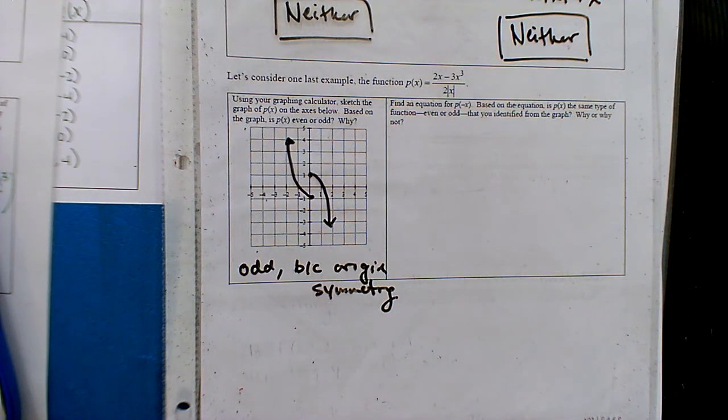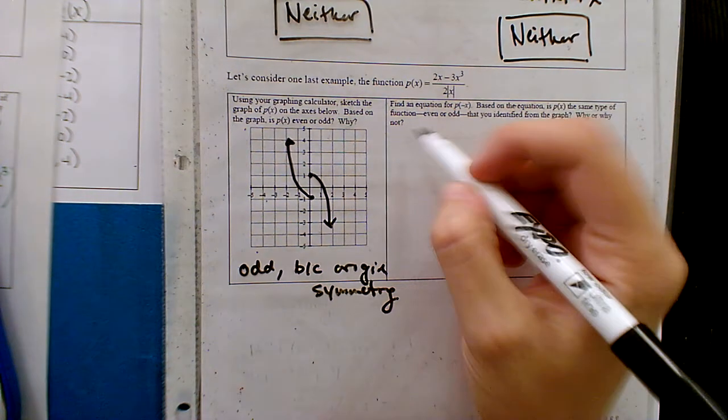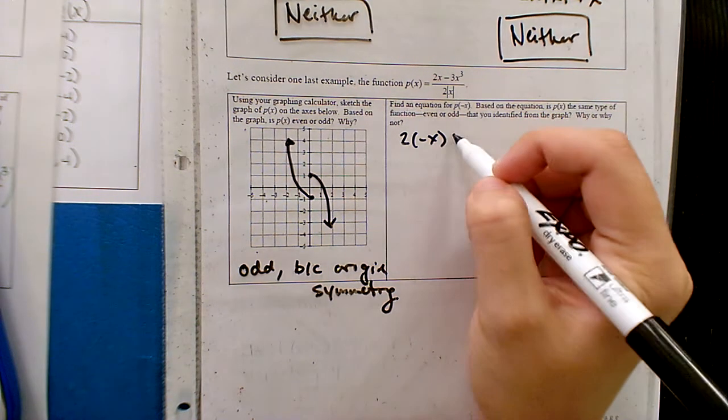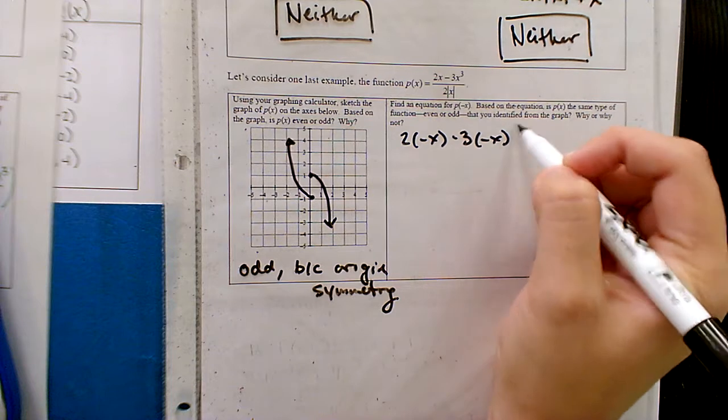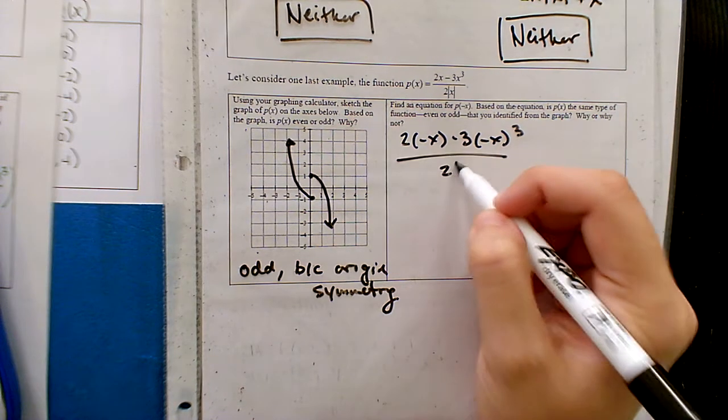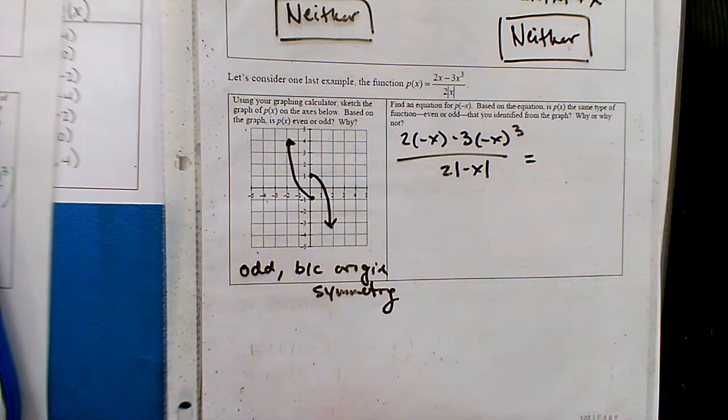So now, when we check it by hand, we know what our result should be. If we were to plug in negative x everywhere, what should we anticipate? Yeah? For it to be the opposite. Okay, let's check it. So we're going to plug in negative x.